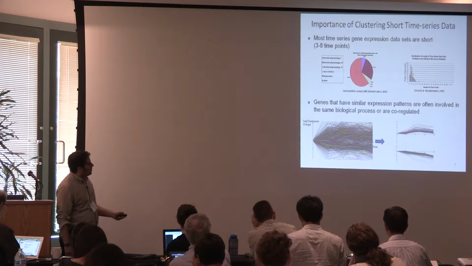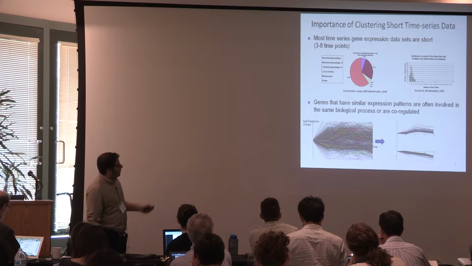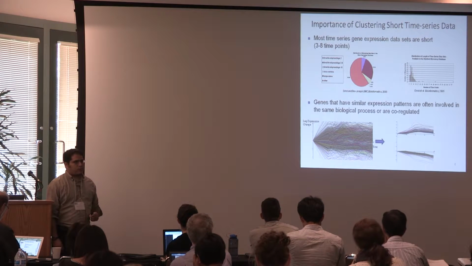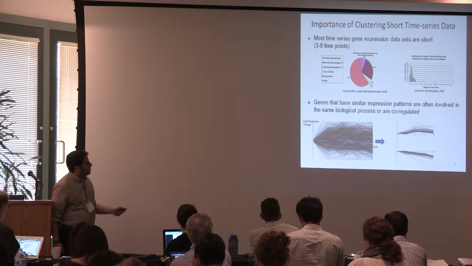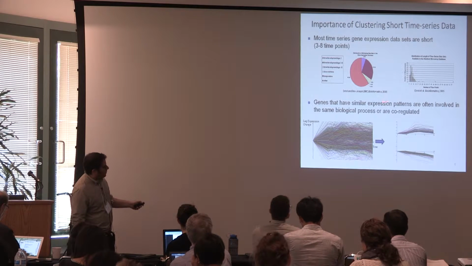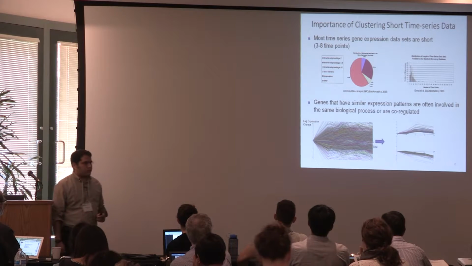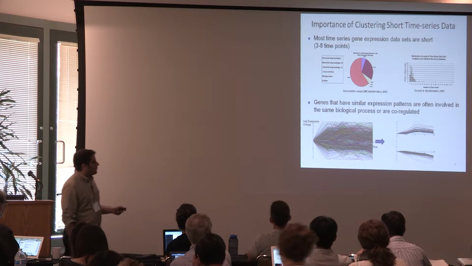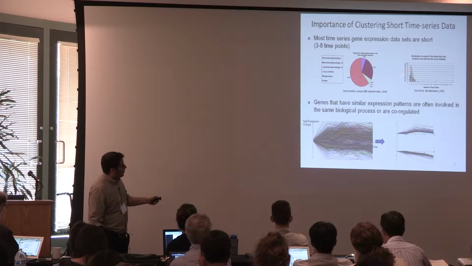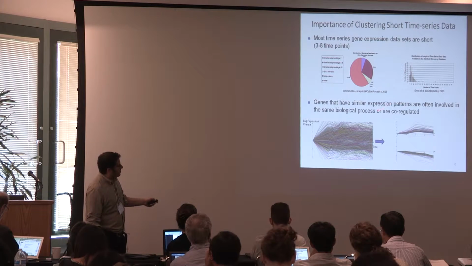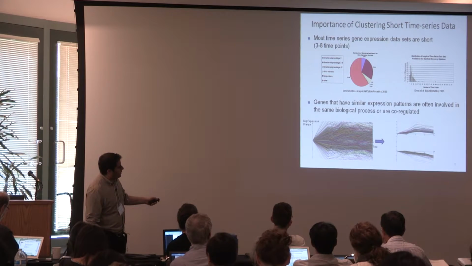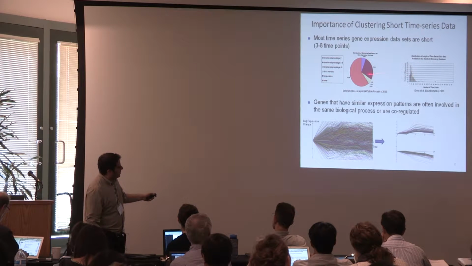The reason I'm specifically talking about short time series gene expression data is that, at least when this work was being conducted, and I think it's still more or less the case, most time series gene expression experiments are relatively short, 3 to 8 time points. This was the distribution of a major microarray database, showing the distribution of time series experiments in terms of the number of points when this was conducted.